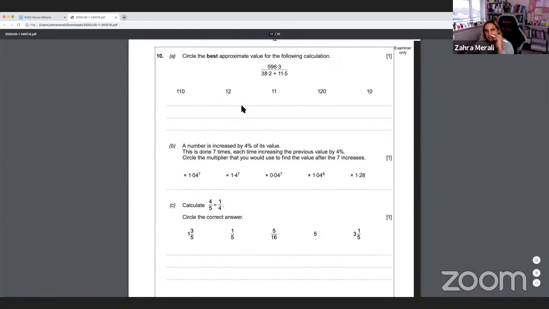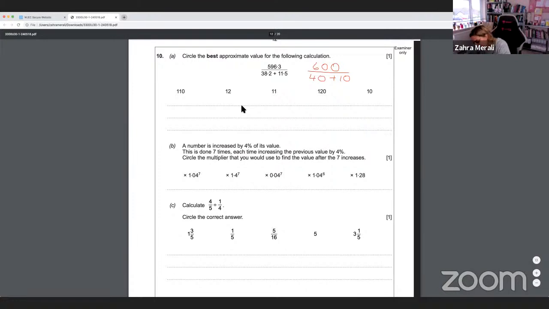Circle the best approximate value for the following calculation. Approximate, you want to round it right off. So instead of 596, we're going to make that 600. Instead of 38.2, I'm going to make that 40. I'm going to make the numbers really easy to deal with. And instead of 11.5, I'm going to make that 10.